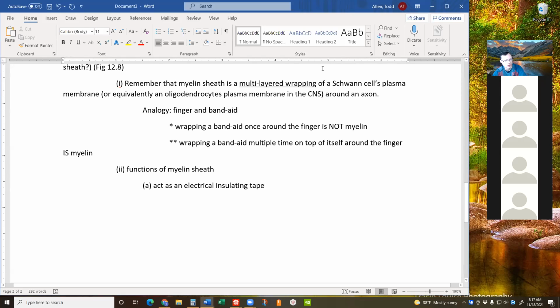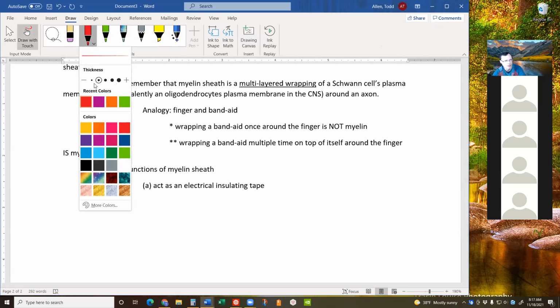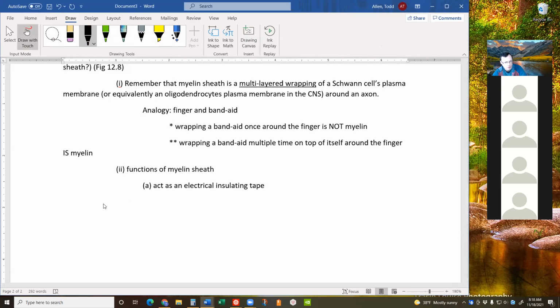So if I could just do a little bit of drawing here. So if we have a typical nerve fiber, we're going to have multiple axons running parallel to each other like this.